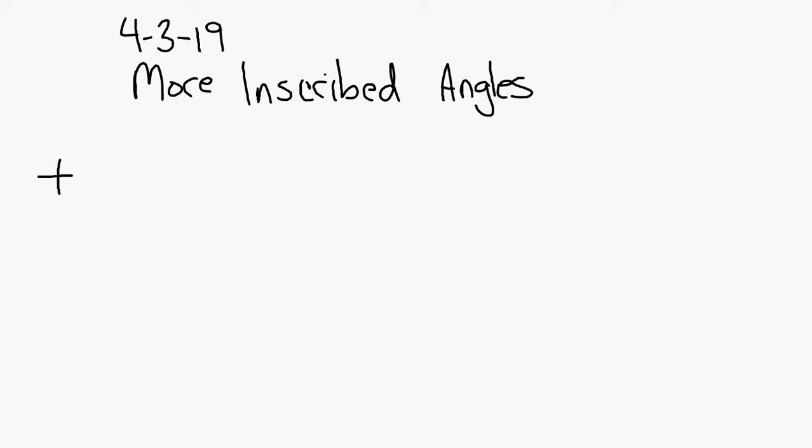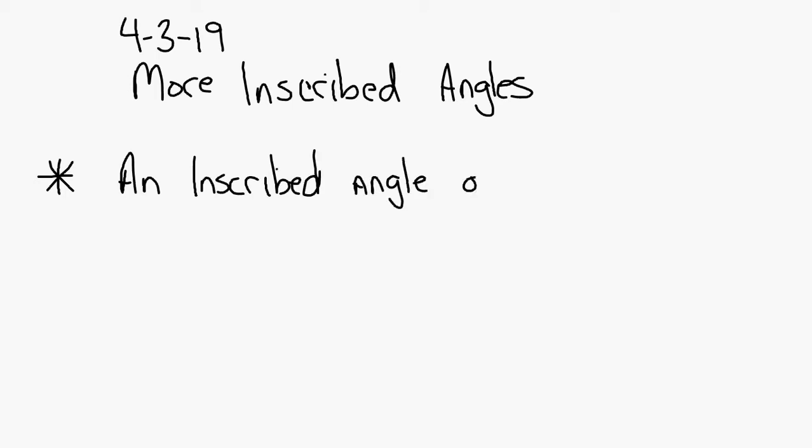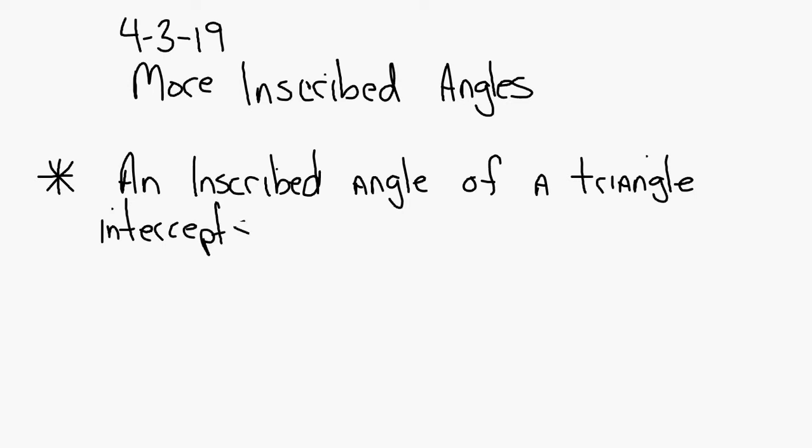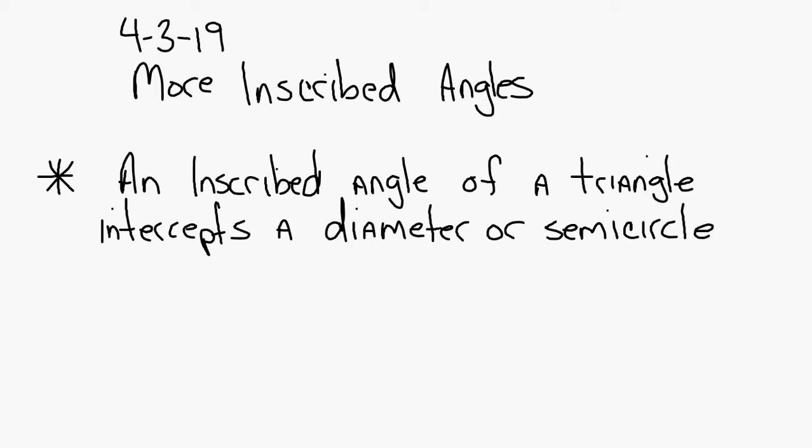It says, an inscribed angle of a triangle intercepts a diameter or semicircle if the angle is a right angle.